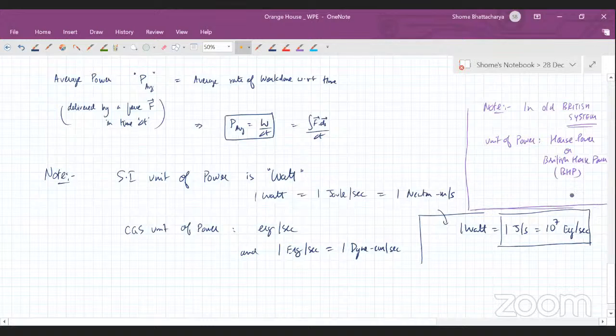This unit is still used in the automobile industry. So 1 British horsepower is approximately 746 watts. We will not be using this, but in the automobile industry, the maximum power an engine can deliver is expressed in horsepower. Just a factual thing for you to know.